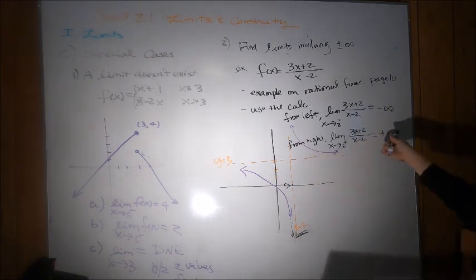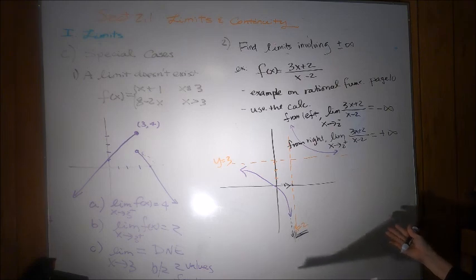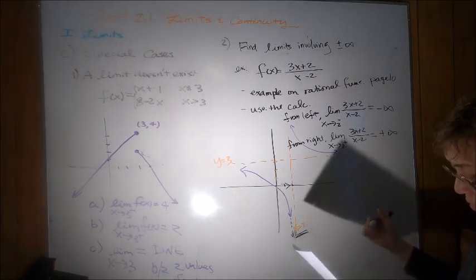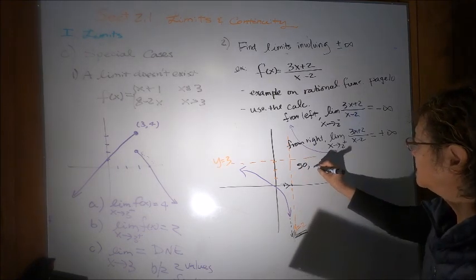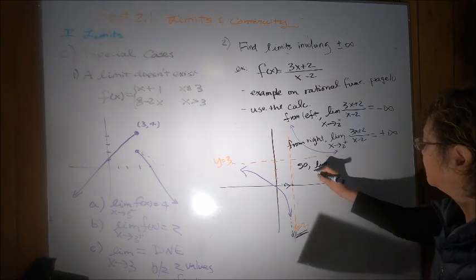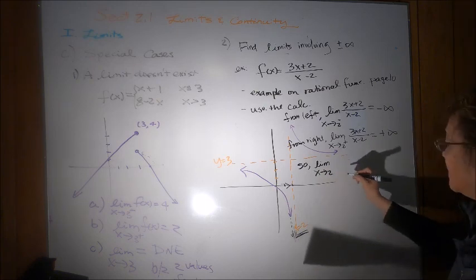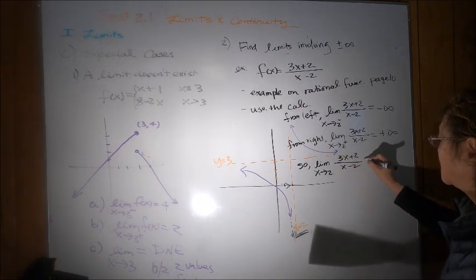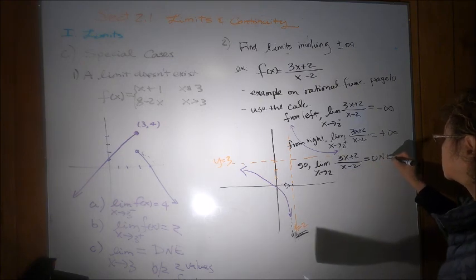So besides being infinite, they are not bounded by one value. So we say the limit from the right-hand side and left-hand side doesn't exist.